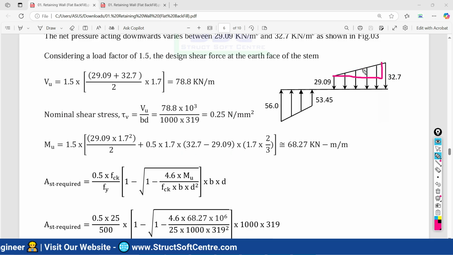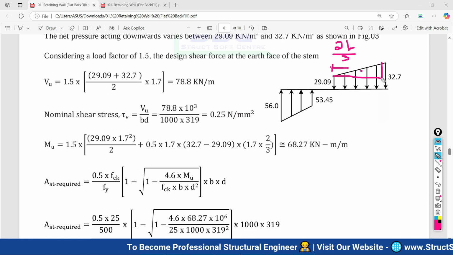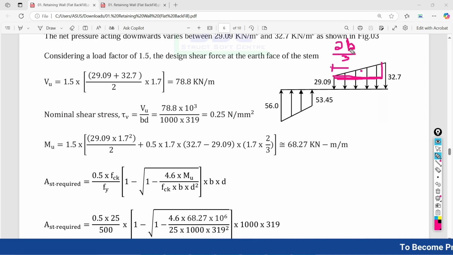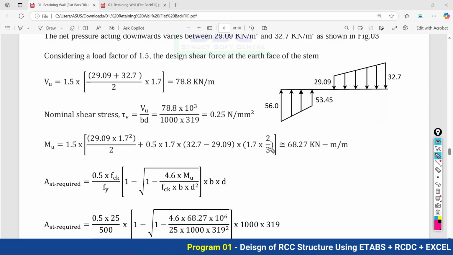That is at a distance of 2h by 3, meaning this is the height or base, whatever you want to call it. So you can call it 2 base by 3. This is 1.7, so 1.7 times 2 by 3. After doing all this calculation with the multiplication of 1.5, we are getting the moment for which we have to design our heel slab as 68.27.